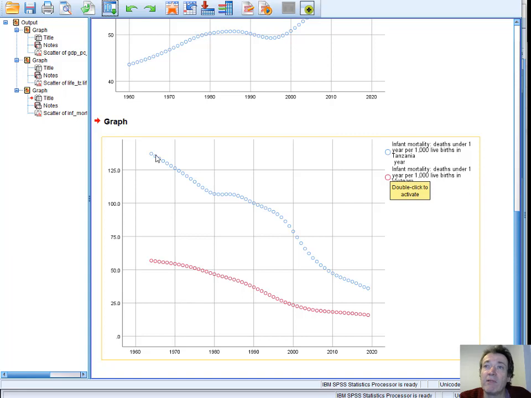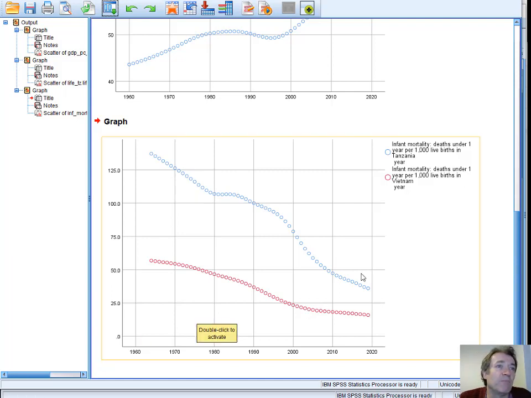Starting from a higher level in Tanzania of over 125 deaths per 1,000 live births, well over 10% infant mortality back in the mid-60s, down to far lower levels now, below 50, still high, and Vietnam below 25. Still tragically high, but decreasing over time, and decreasing quite quickly as well, and converging, those two countries.